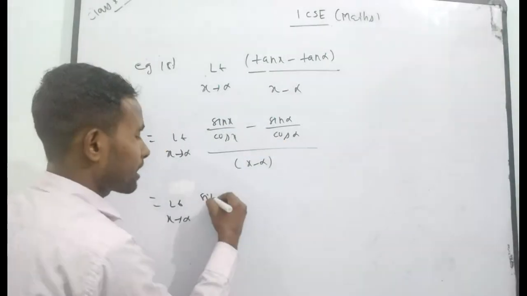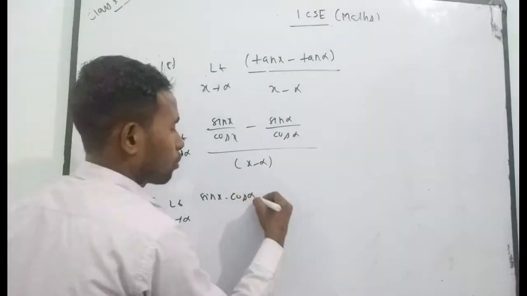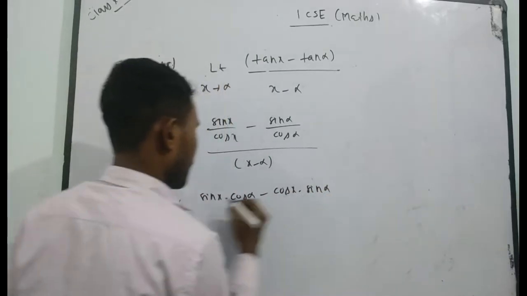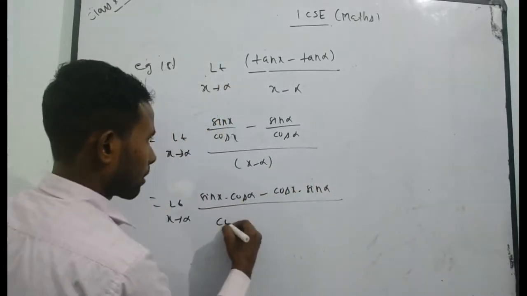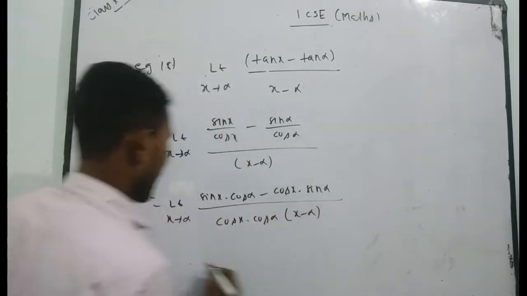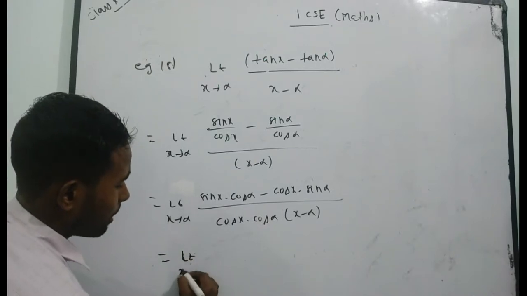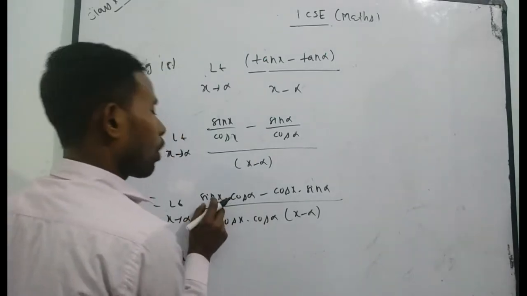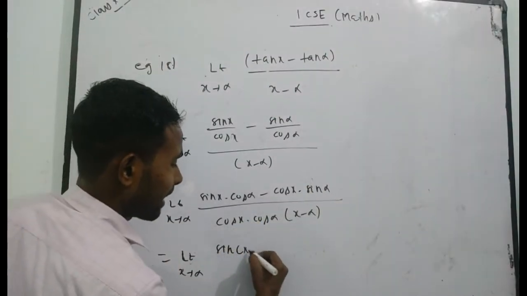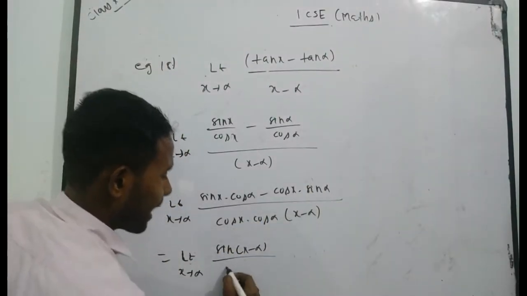I want to write one step again: sin x into cos alpha minus cos x into sin alpha divided by cos x into cos alpha into x minus alpha. Now, I want to write it will be limit x tends to alpha. What is the formula of sin a cos b minus cos a sin b? I think you know, sin(x minus alpha) divided by x minus alpha.